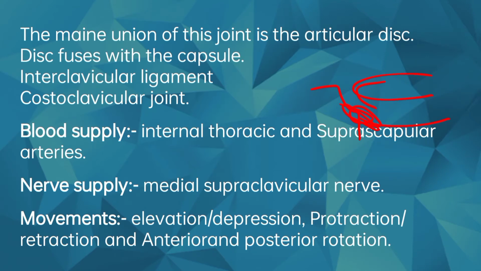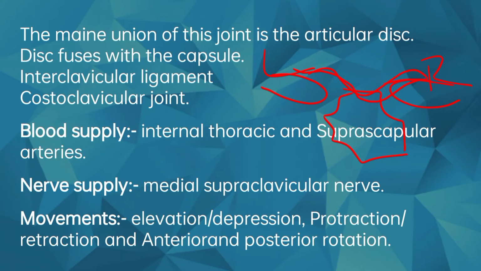Then there are ligaments. We have the interclavicular ligament. See, this is the clavicle, this is the sternum, this is the right clavicle, this is the left clavicle. The name suggests it joins the two clavicles. It comes from the left clavicle, over the upper surface of the sternum, and gets attached to the right clavicle.